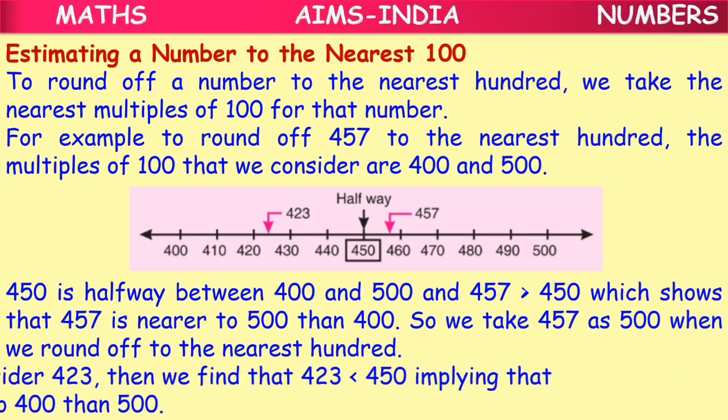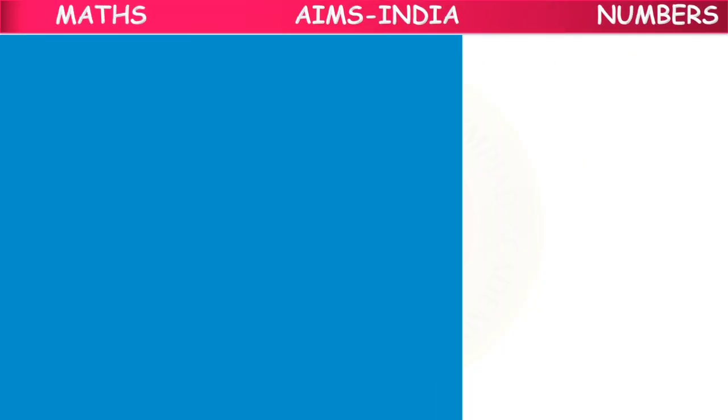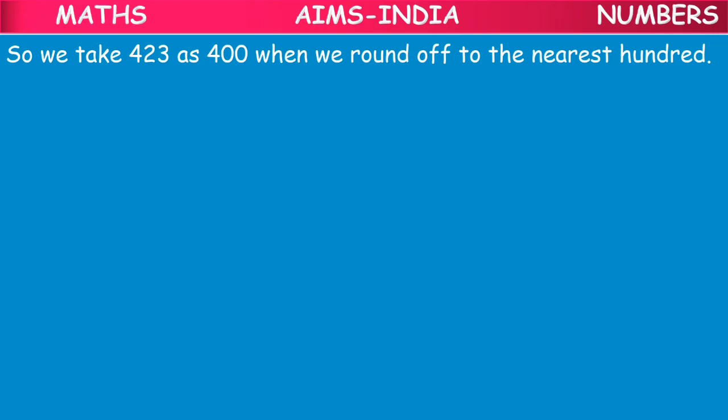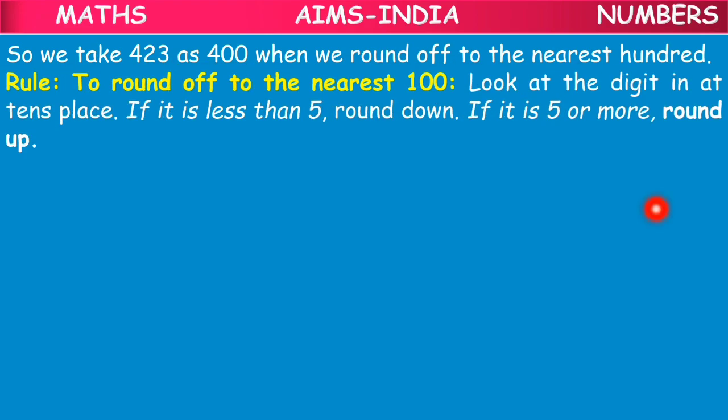Let us understand this in a stepwise manner. If in the question they asked about 423, we take 423 as 400 when we round off to the nearest 100. Why? Because this is nearer to 400 than 500.